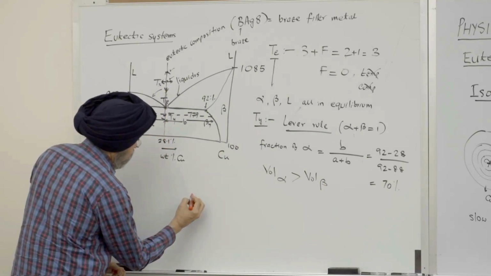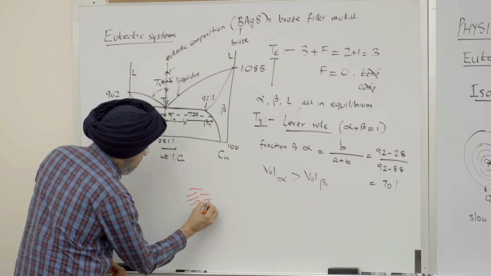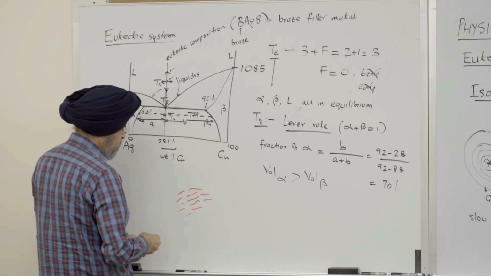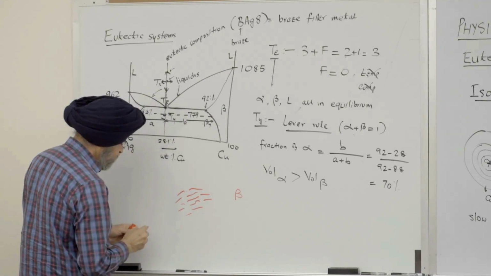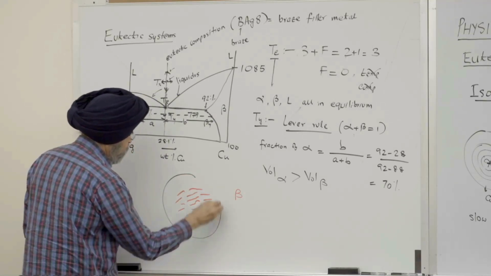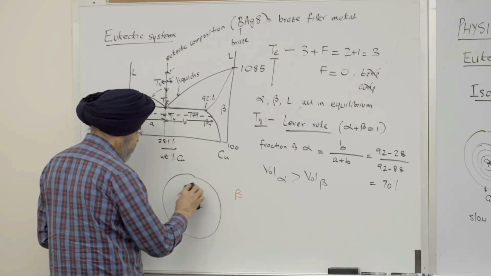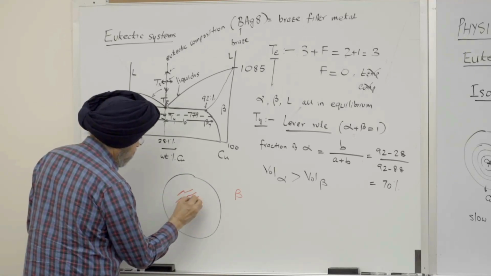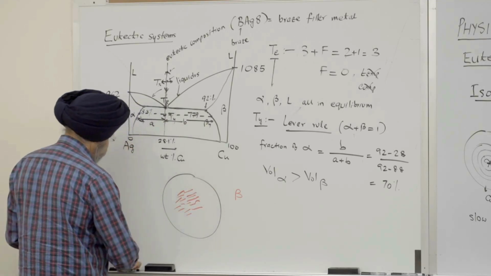What that does is the beta comes out as platelets. And so that's the beta, and the alpha is in between. If you're looking at the microstructure on a microscope, let me draw only a little bit. You'll see platelets of beta, and the surrounding area is alpha.